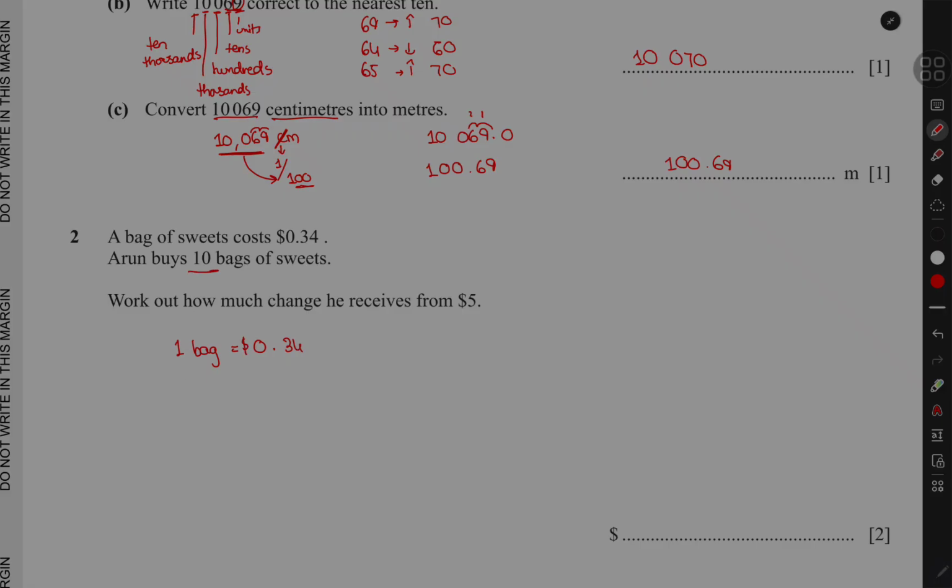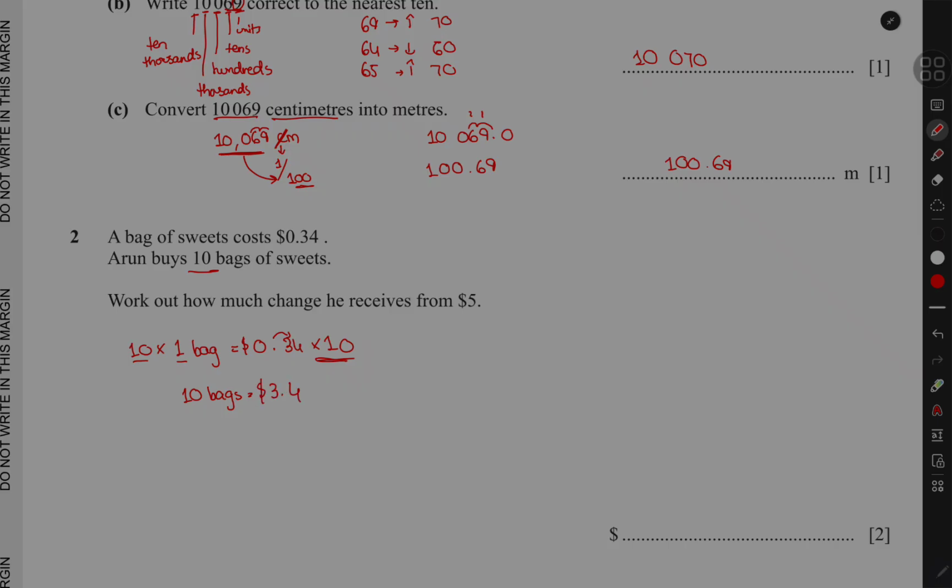He buys 10 bags. We need to just multiply it by 10. Now we are multiplying by 10, so we just move the decimal place 1 place to the right. That would give us $3.4.